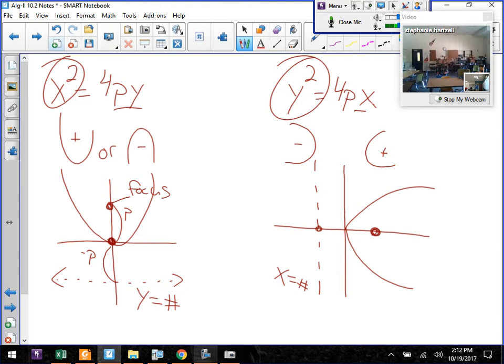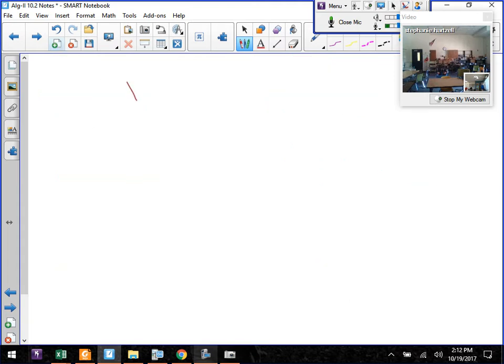Let me show you an example of what this looks like written out in terms of conic sections. I'm going to rough sketch this and identify my vertex, focus, and directrix.